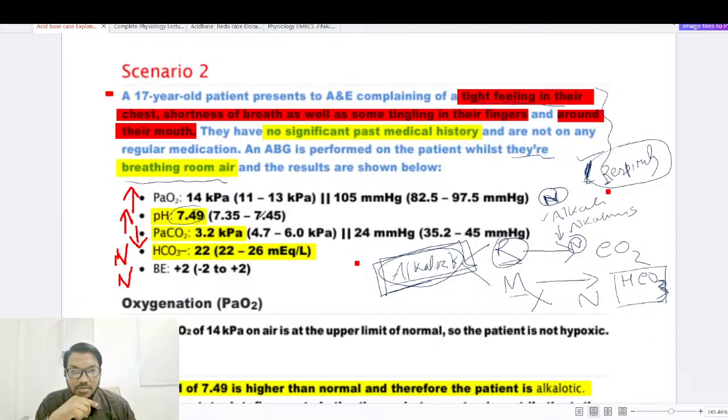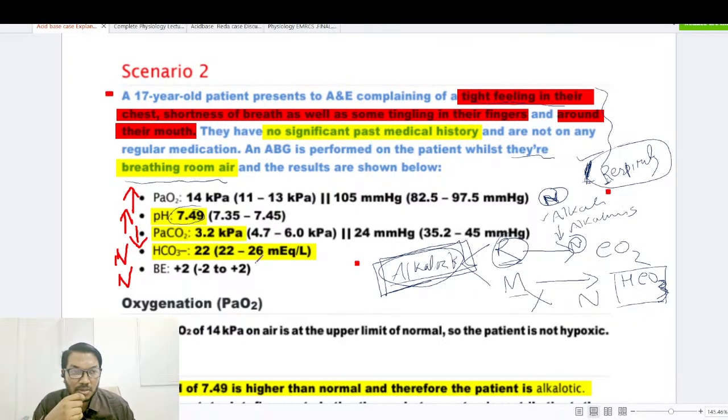Yes, respiratory alkalosis, because here first pH is 7.4, so it is alkalosis. Now which system, respiratory or metabolic? Here carbon dioxide is 3.2, so it is low. So mainly it is respiratory alkalosis.